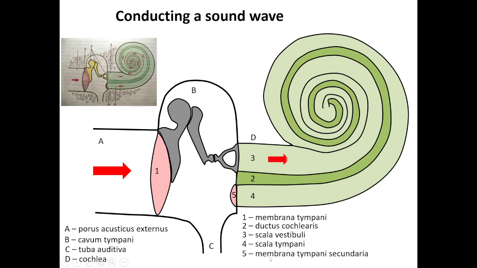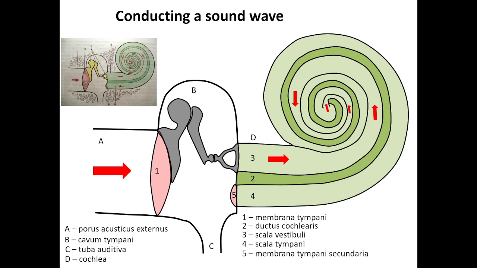And then after moving these 3 bones, ossicula auditoria, the perilymph is moving through scala vestibuli up to the helicotrema, 2.5 turns inside of the cochlea.